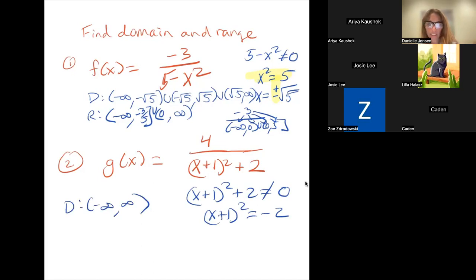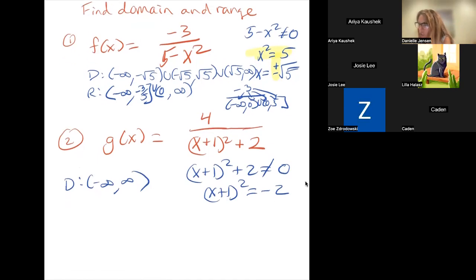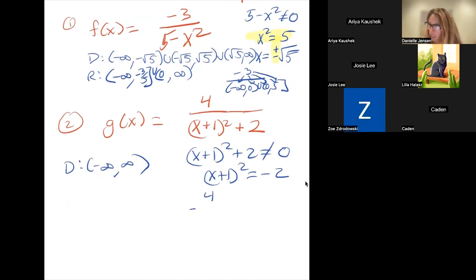There's nothing that would make that denominator 0 because it's always going to be 0 or positive, plus 2. Then I go to the range of the denominator. What is the range of that denominator? 2 to infinity. 0 is not even in there, and we can't divide by 0 anyway.